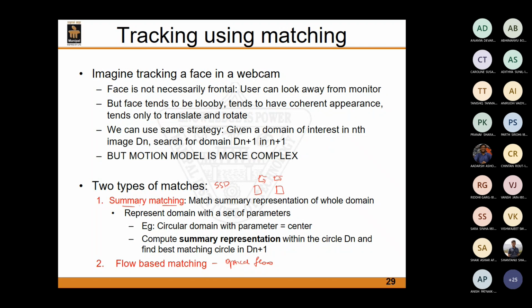That is how you go about tracking using matching. In the case of matching, as I said earlier, we look at only the bounding box and match the patches. We'll go through the different types of matching methods in the next class.